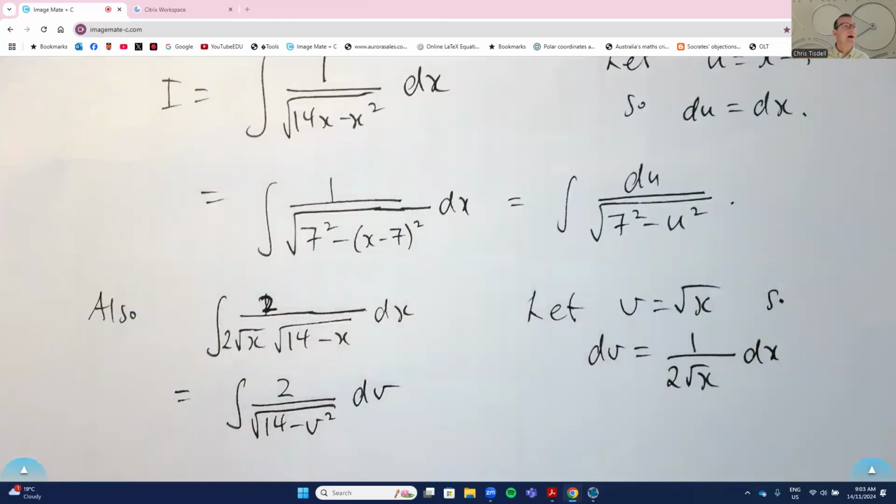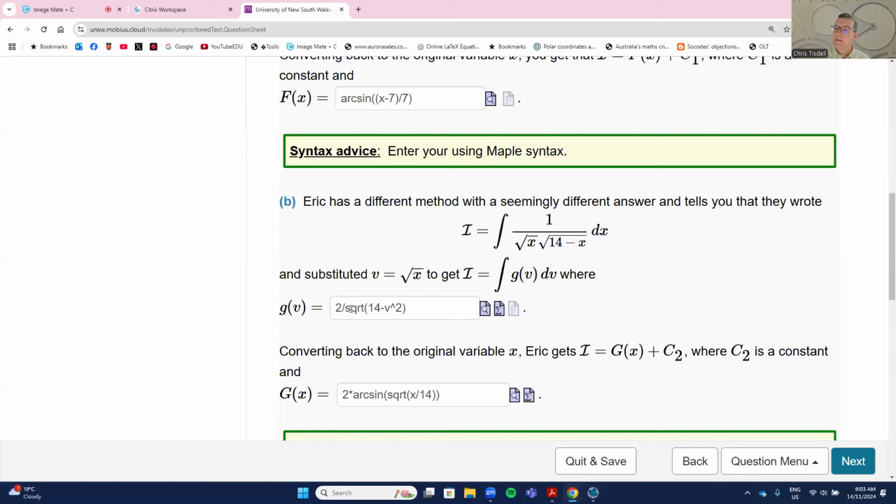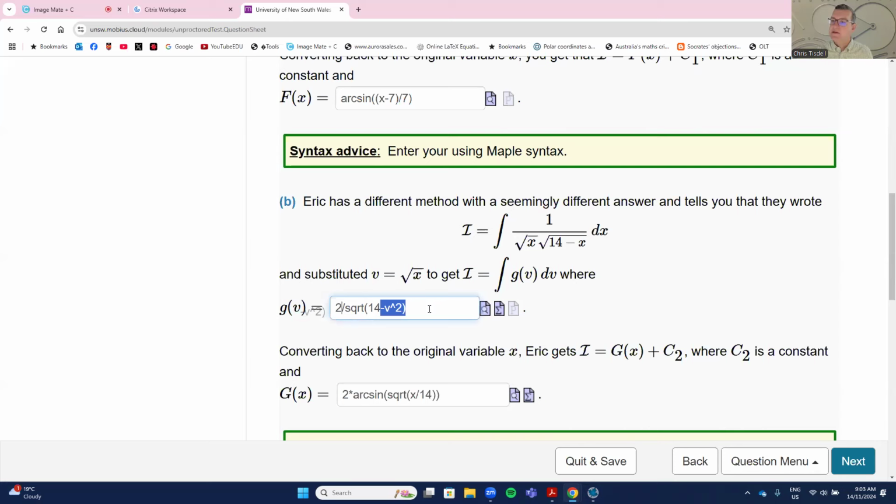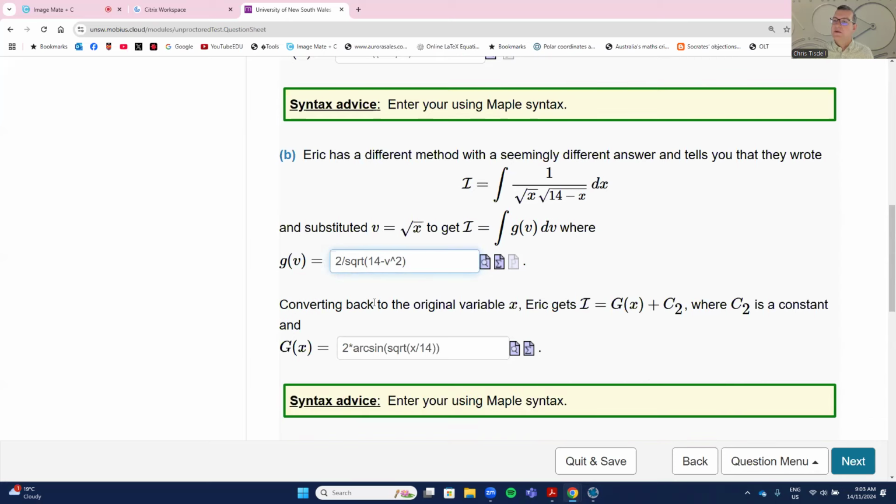If I go back to my answer, that's exactly what I've got. So that's going to be Eric's integral in terms of v. Converting back to the original variable x, we're going to get this new expression g.